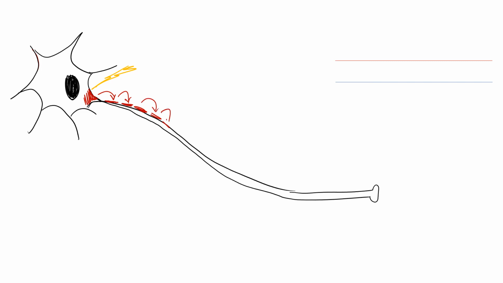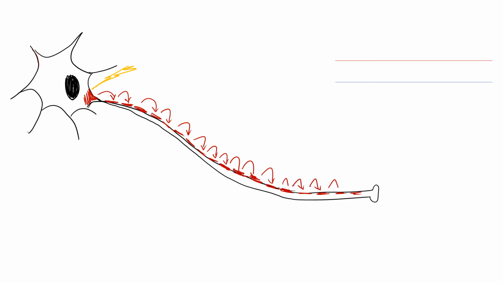So what happens is impulses travel, or depolarization travels along the axon, because depolarization in one part causes depolarization in another part of the membrane.